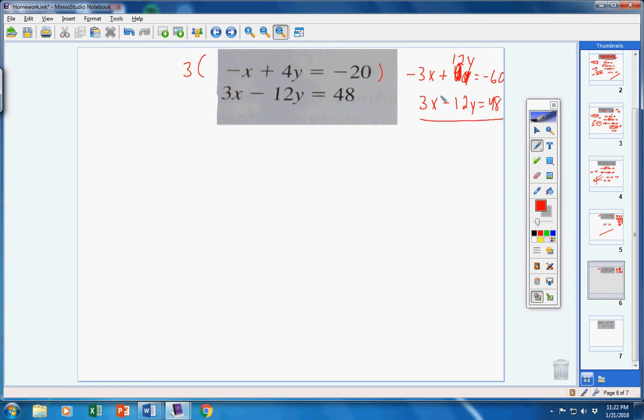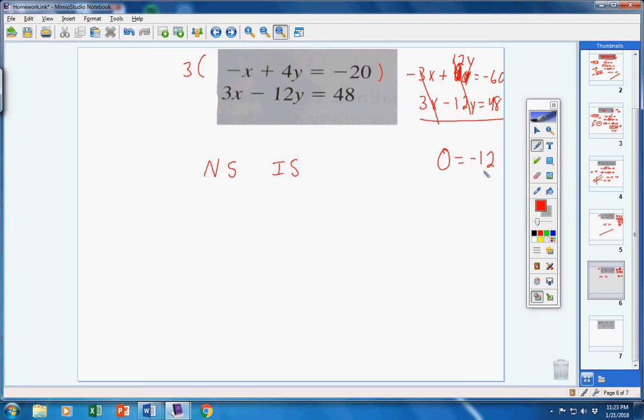So let's add these together. X's cancel, y's cancel, and over here we have negative 12. Okay? So, did all of my variables cancel out? Yes. So I'm either going to have no solution for my answer or infinite solutions. Okay?